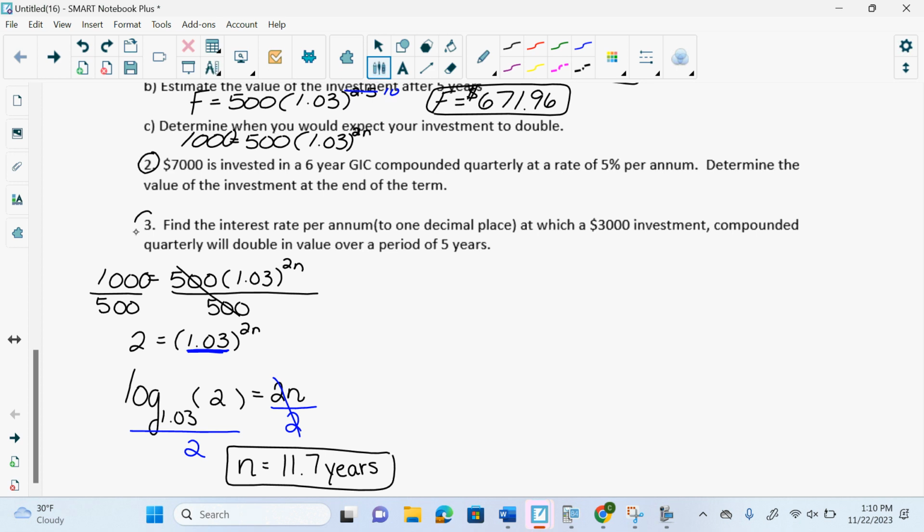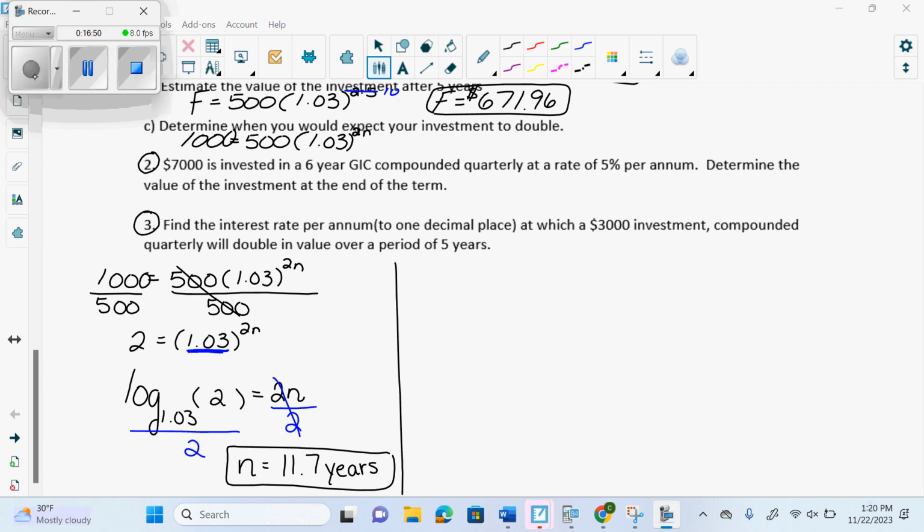You try 2 and 3. So, it does smell like bacon right now. $7,000 is invested in a 6-year GIC, compounded quarterly, so I'm going to multiply by 4, and then divide by 4. And then it wants to know the value of the investment.